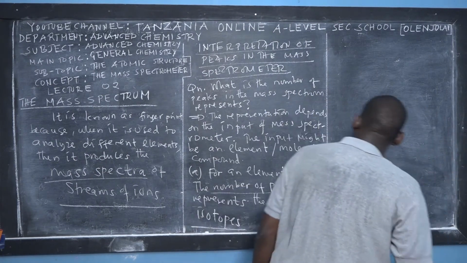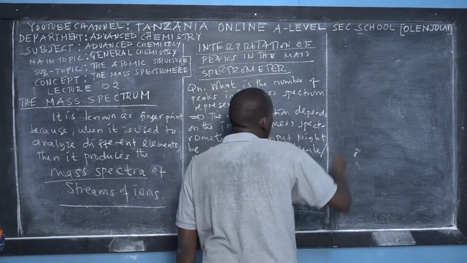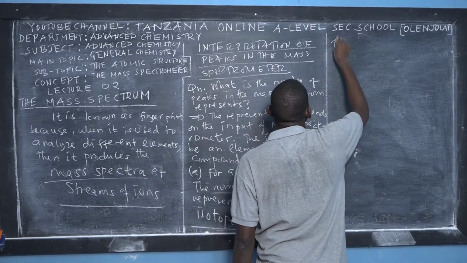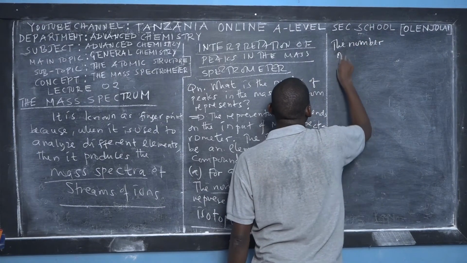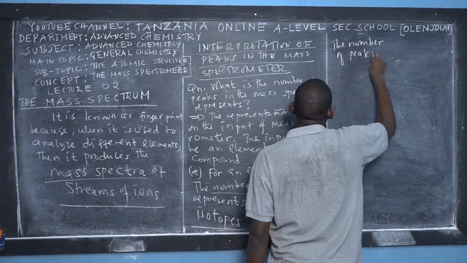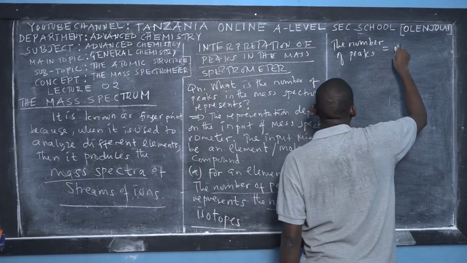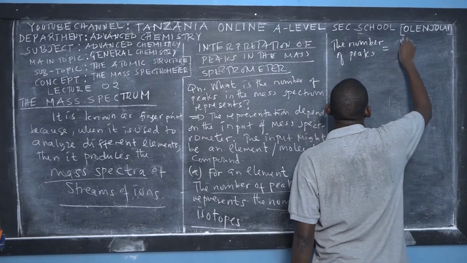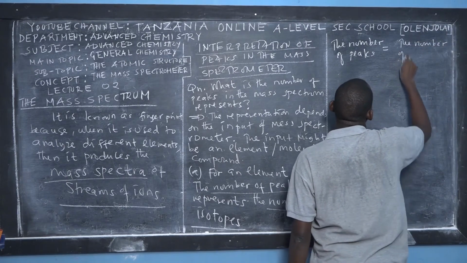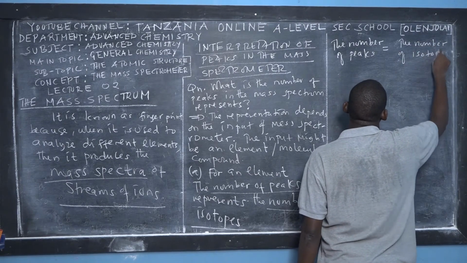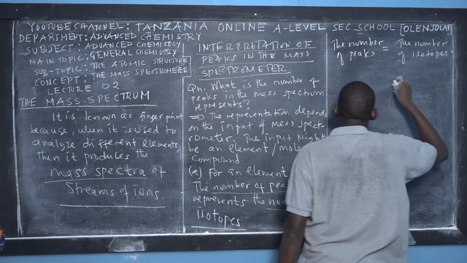So simply, in few words, we say that the number of peaks in the mass spectrometer is equal to the number of isotopes.